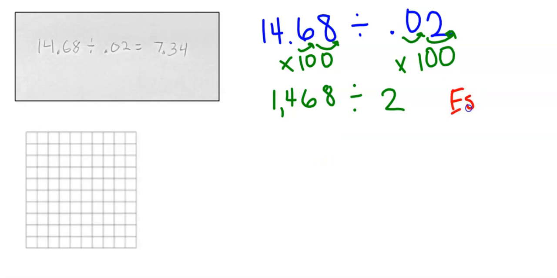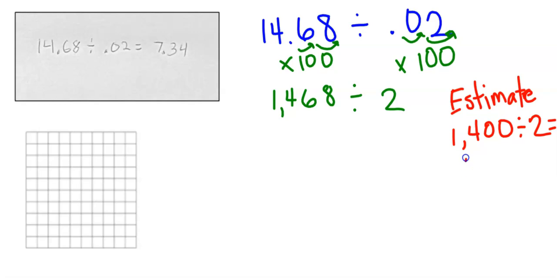So I picked 1,400 because I can divide that very easily. I know 14 divided by 2 is 7, and I know that 1,400 divided by 2 is 700.